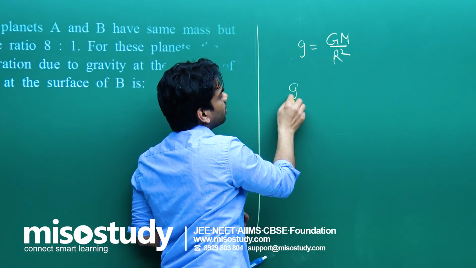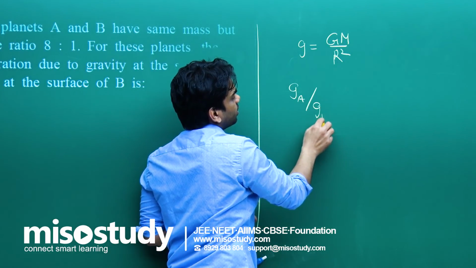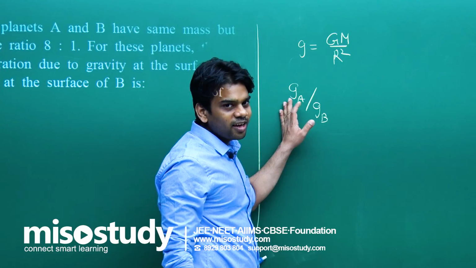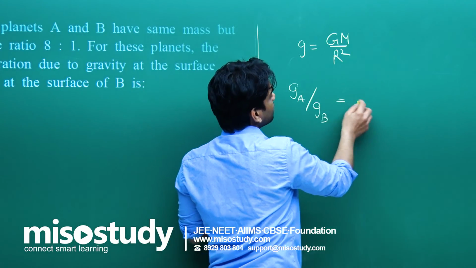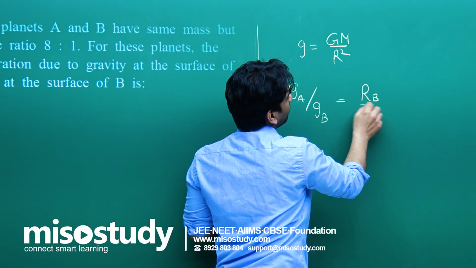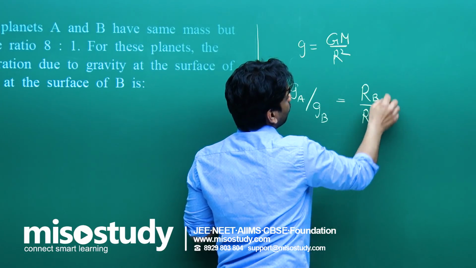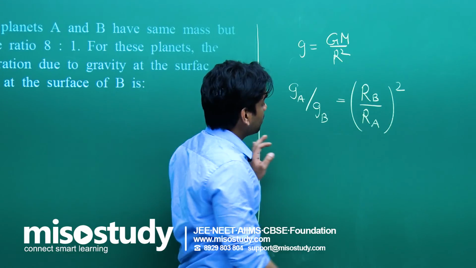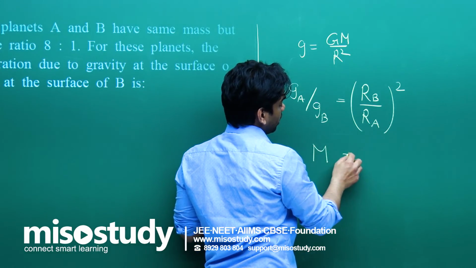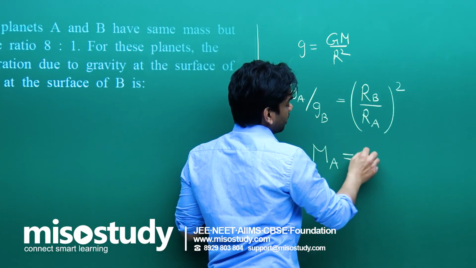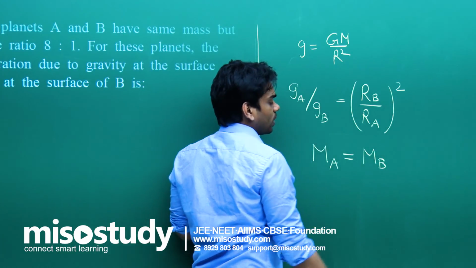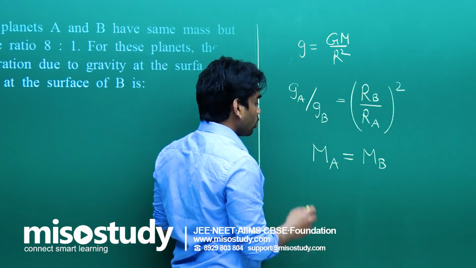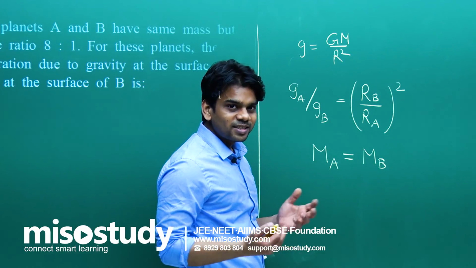So straight away we can write that Ga by Gb, that is acceleration due to gravity at A to that of B, will be simply Rb by Ra whole square. So we need to find a relation between Rb and Ra. Given that the mass of A is equal to the mass of B, that's the same. We know that mass is equal to density into volume.